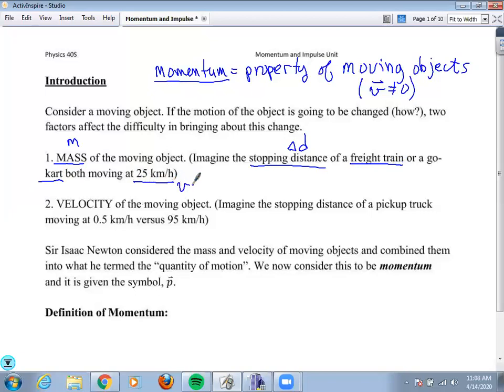If they're both moving with the same v, the train is going to take a lot longer distance to stop than the go-kart. This is assuming that the brake forces are equivalent, but why does the train take longer to stop? Because it has more mass.